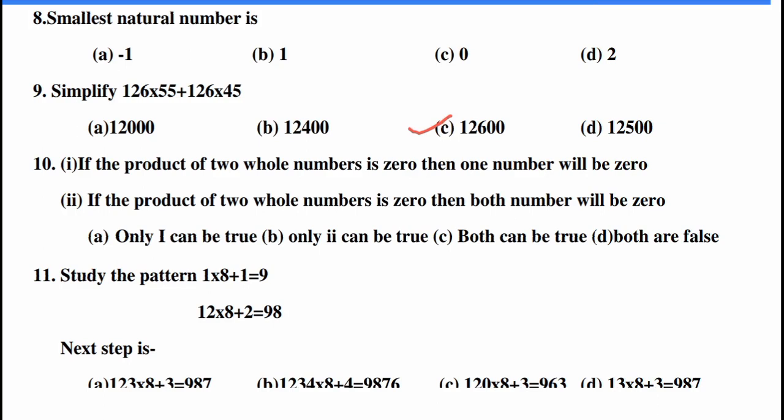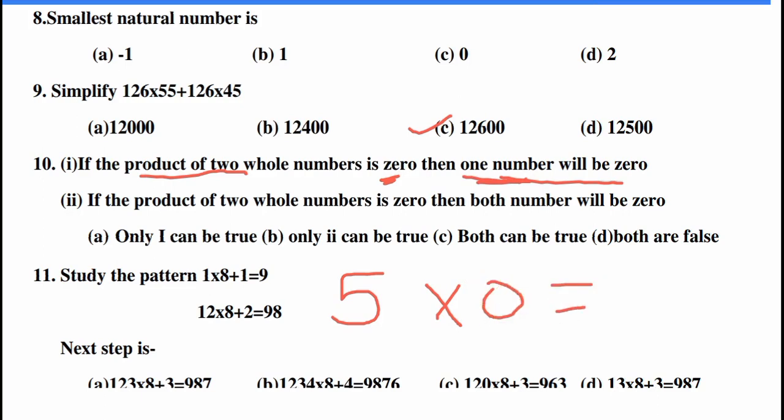Question number 10. If the product of two whole numbers is 0, that means the multiplication of two whole numbers is 0, then one number will be 0. So we will check it. If I take one number 5 and one number 0, then what is the product of this multiplication? It is 0, right? So this condition is true. Now we check the second condition.